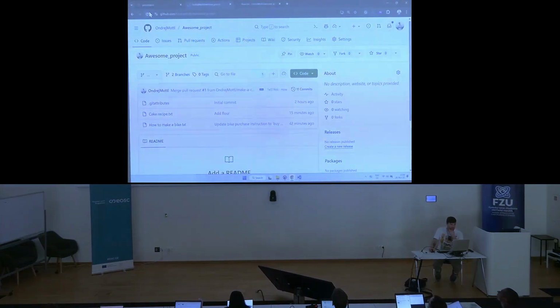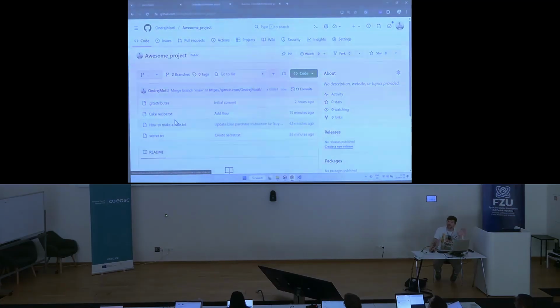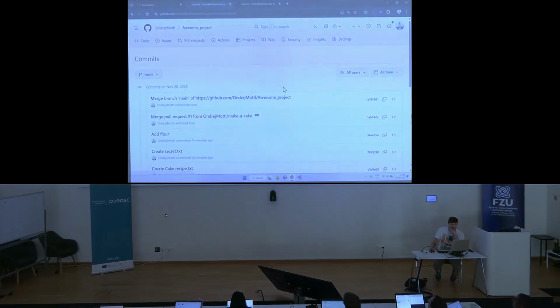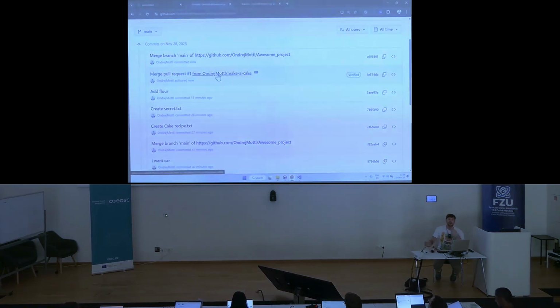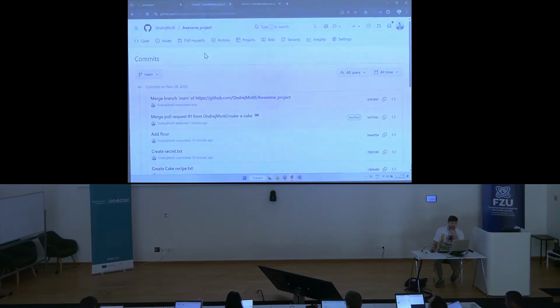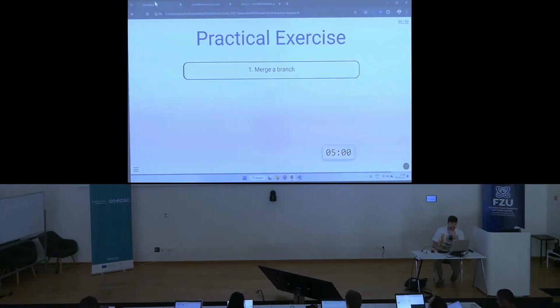So if you remember, I actually created secret and cake in two different realities. Right? If you go back to example, both cake recipe and secret are there. If you go to commit history, you'll now see there's create cake recipe, create secret, add flour, all of this there, and there is a new one which is merging the pull request. That's the new commit that is automatically created when you merge two branches, which says, oh, he's actually put these two together. Go ahead and do that, merge.